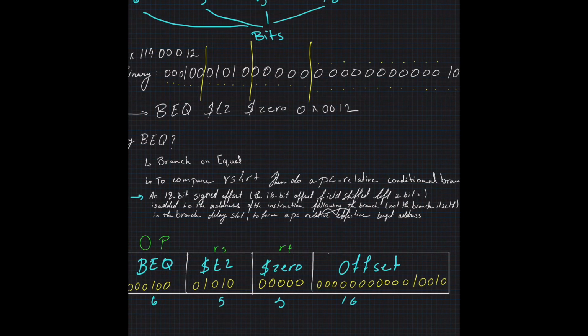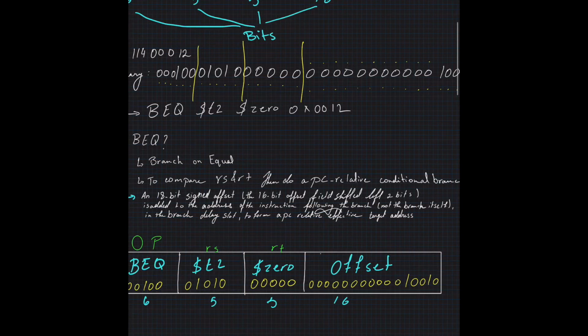An 18-bit signed offset, the 16-bit offset field shifted left 2 bits, is added to the address of the instruction following the branch, not the branch itself, in the branch delay slot to form a PC-relative effective target address. Also, note that if the contents of RS and RT are equal, branch to the effective target address after the instruction in the delay slot is executed.